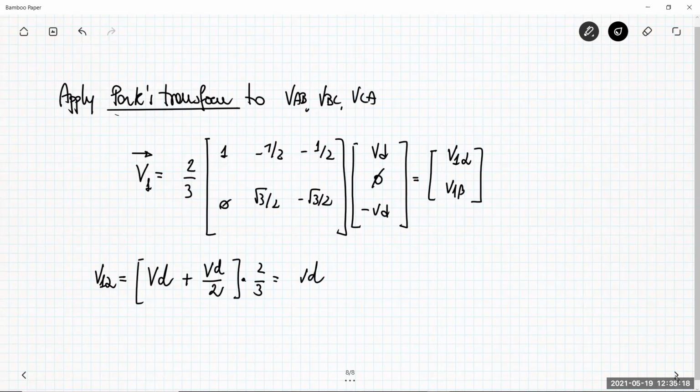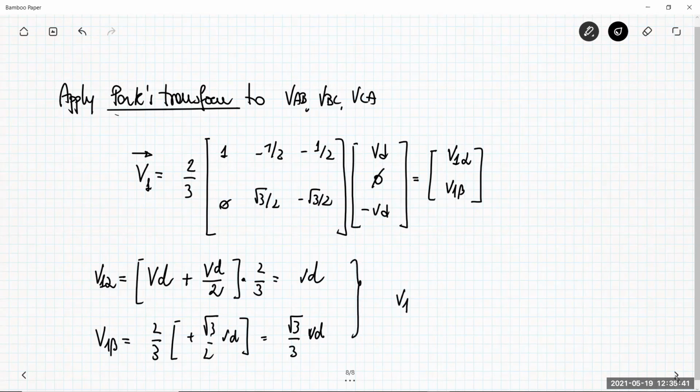So this is VD. The quadrature component is C, that multiplies plus square root of 3 over 2 multiplied by VD. So it is square root of 3 divided by 3 VD. So my space vector V1, which is related to Q1 at 1, Q3 at 0, and Q5 at 0 switching function, is VD plus j square root of 3 over 3 VD.